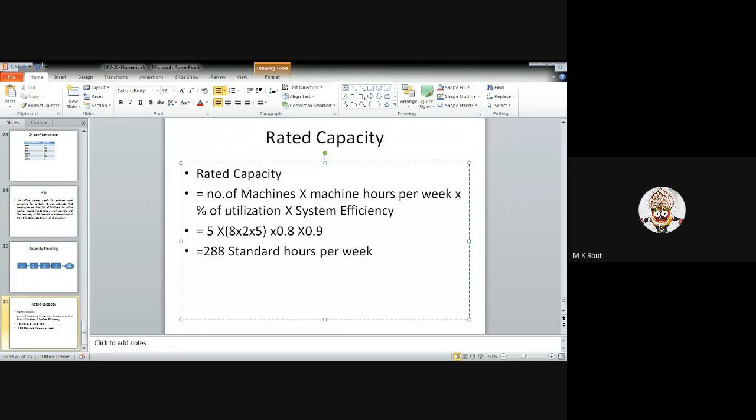Subhranshu Mishra. Sir, I'm doing, sir. Okay. Swana Patnaik. Yes, sir. 837.9.